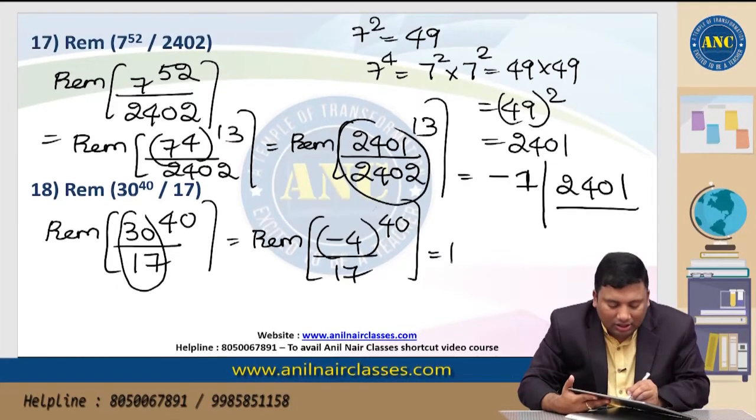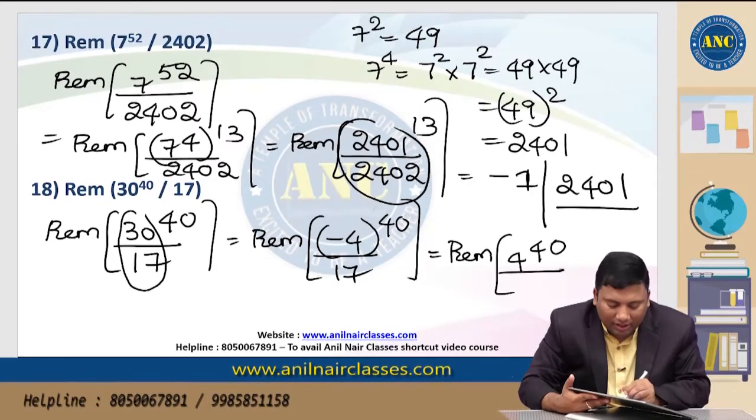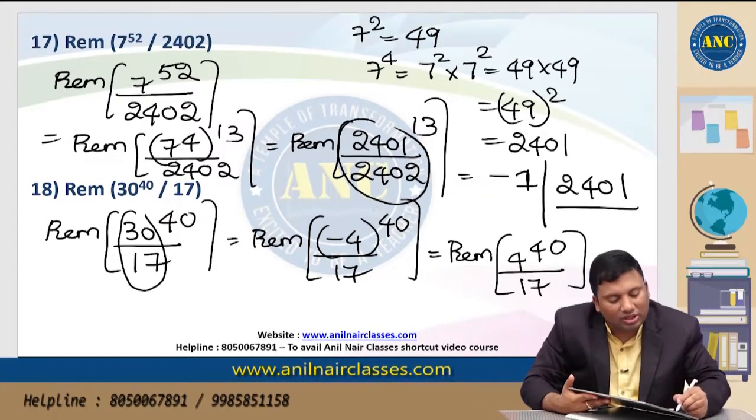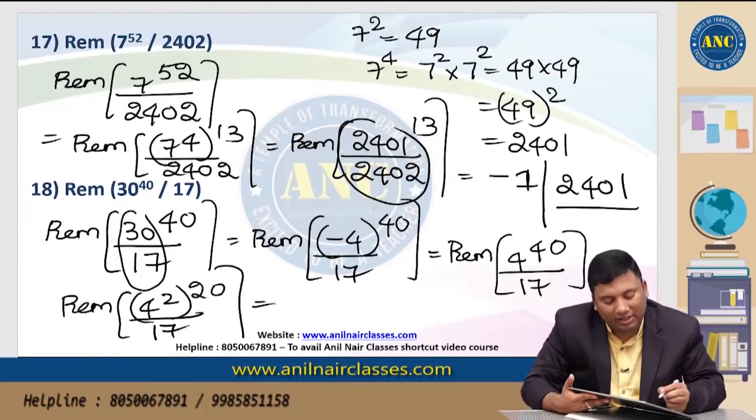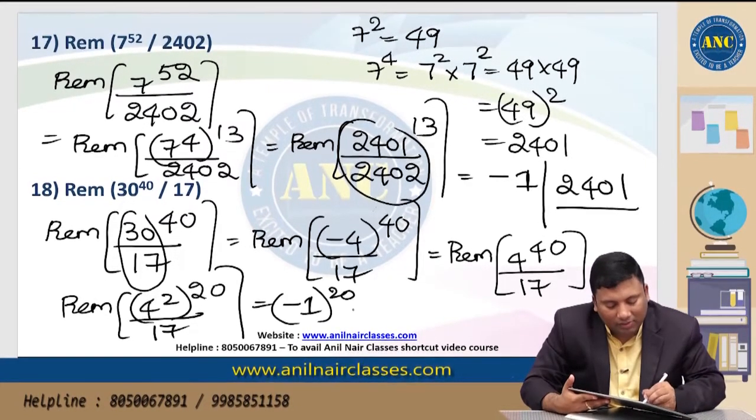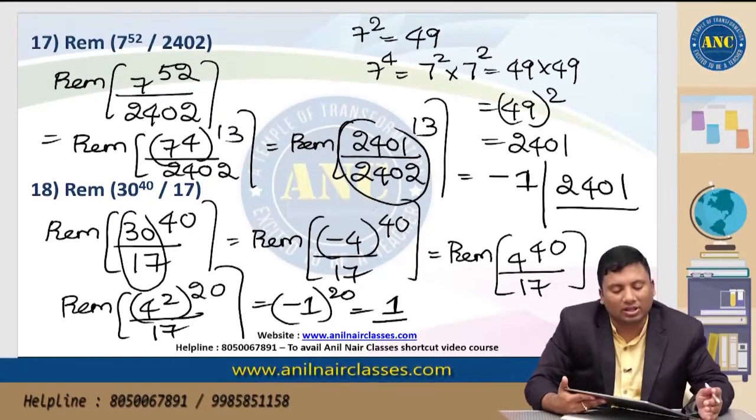So this is nothing but 4 power 40 divided by 17, which is nothing but 4 square power 20 divided by 17. 16 divided by 17 is minus 1. Minus 1 power even is nothing but plus 1.